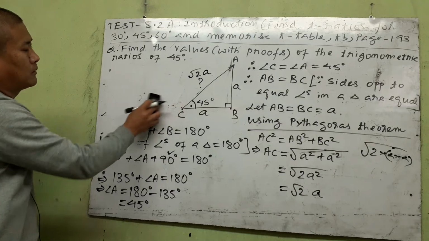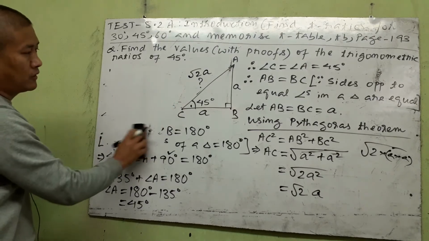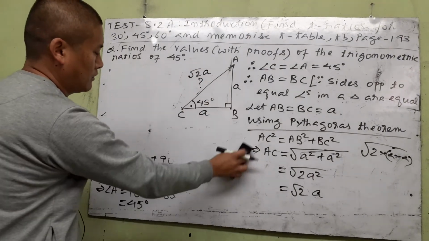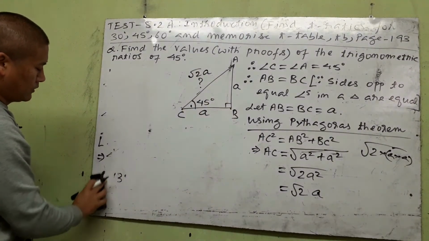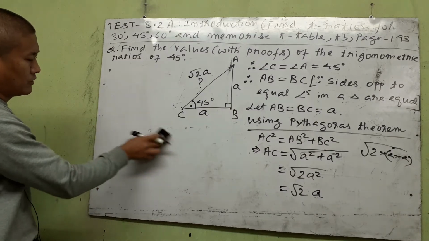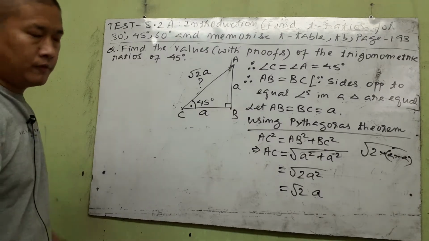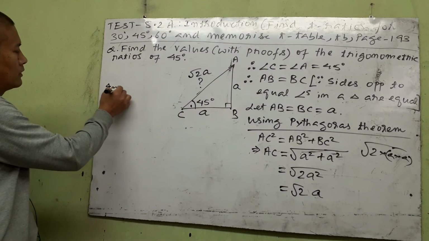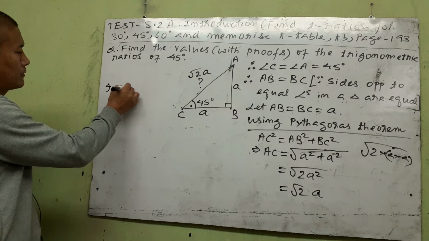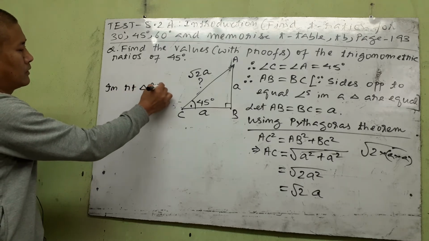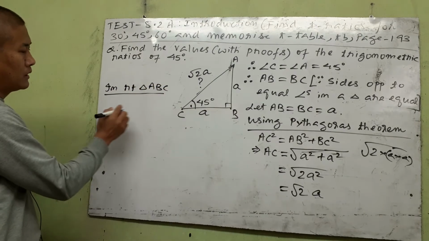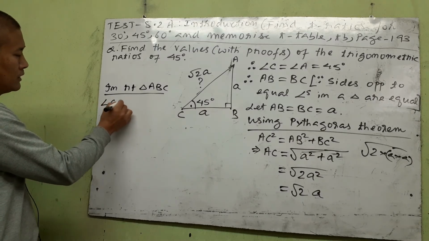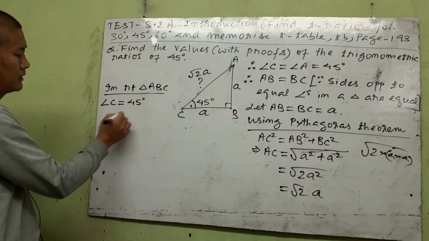Now we're ready to determine the T ratios of 45 degree, because all the three sides are known: A, A, and root 2A. So let us write here in right triangle ABC, the one we have taken in the beginning, we'll take angle C as the reference angle, 45 degree.